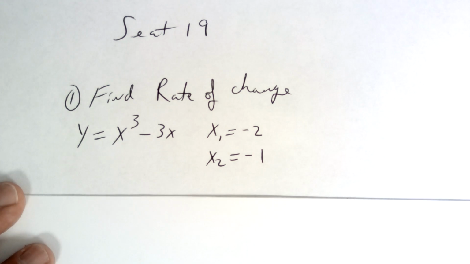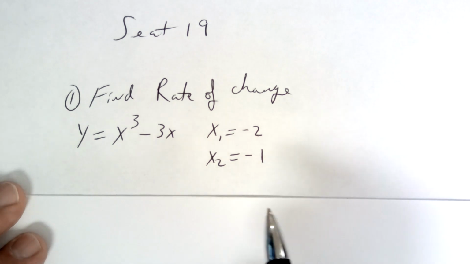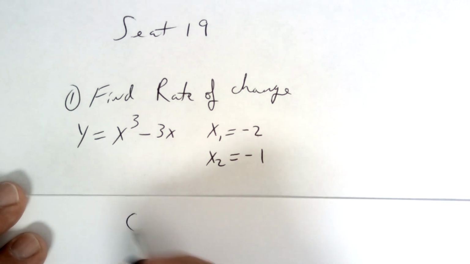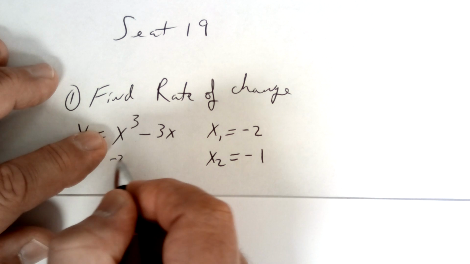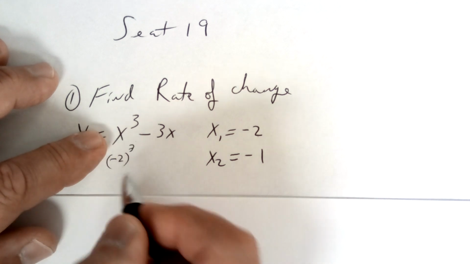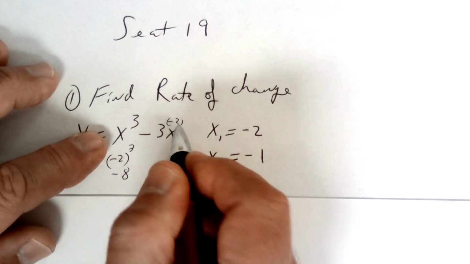Let's take a look here. We're going to go ahead and plug these numbers in. So x, we have 2 x's here, -2 and -1. When you plug it in, a -2 to the 3rd power, and this is quantity to the 3rd, that's going to be -8, I believe it is. And then a -2 here is going to give me a +6.